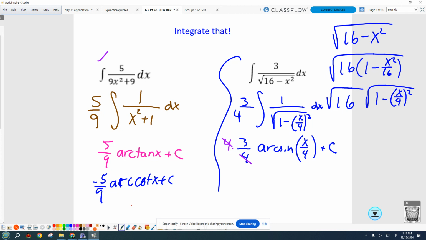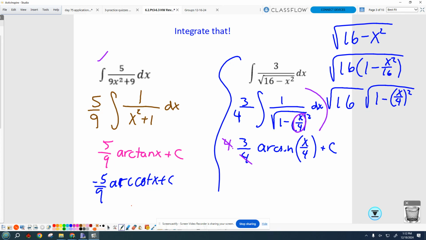Yeah. Was it chain rule? Okay, so you're okay with all that translation, right? So it's 3/4, and then this is the pattern of arc sine of stuff. When I did the derivative of arc sine of stuff, didn't I have to multiply by the derivative of stuff? So when I undo that, I need to divide by the derivative of stuff.